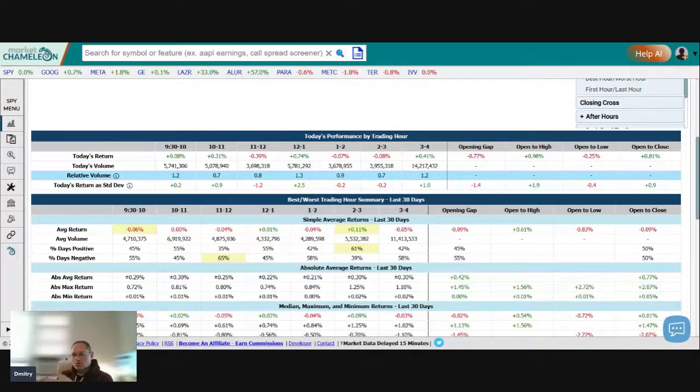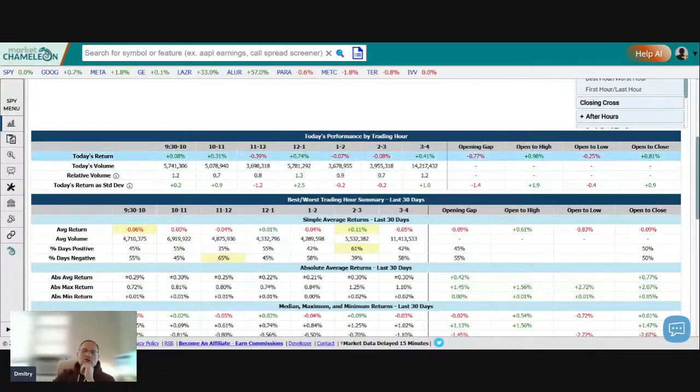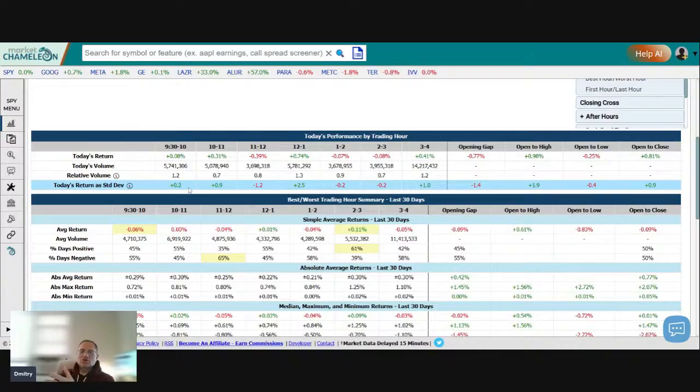Was it a strong return? Was it within the expected up or down move? And that we could convert to a standard deviation move. So you could see here that a 0.08% move for that time period is only 0.2 of a standard deviation. So that would be within your typical expected range, because stocks are going to move around in some range typically. So that was within its expected range.